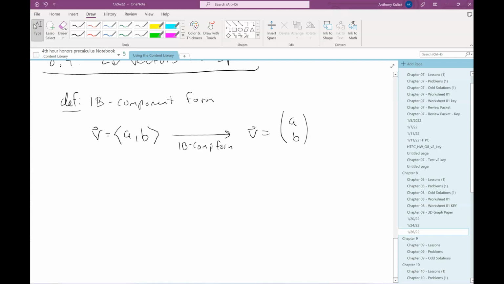One of the main goals that we're going to have today is we want to create a way to express the equation of a line using vectors. So what we're going to start doing is creating a vector line equation.